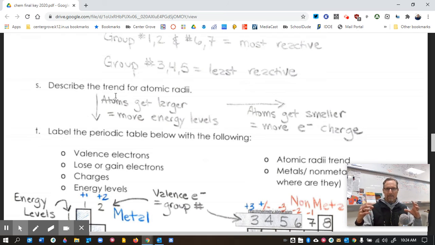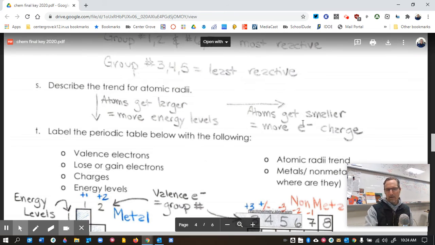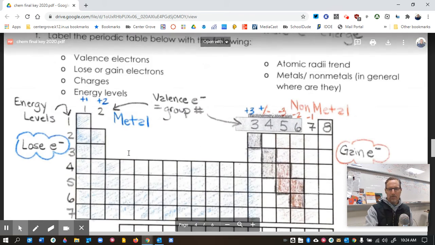Think of it like a magnet. Those electrons are being pulled to the inside by the positively charged protons, so it's being pulled closer until it jumps up in energy level. As they get more and more electrons, it comes down and down and down, and then when it jumps up to the next period or the next row, it bumps up again. So as I move across, they get smaller. As I move down, they get larger.